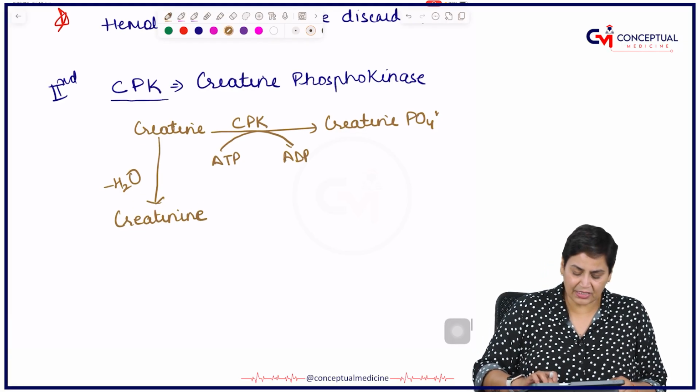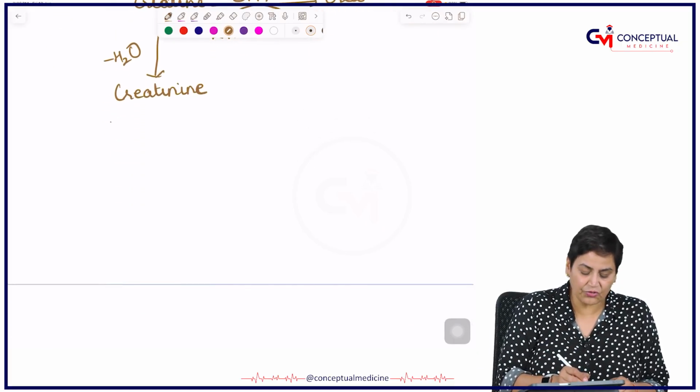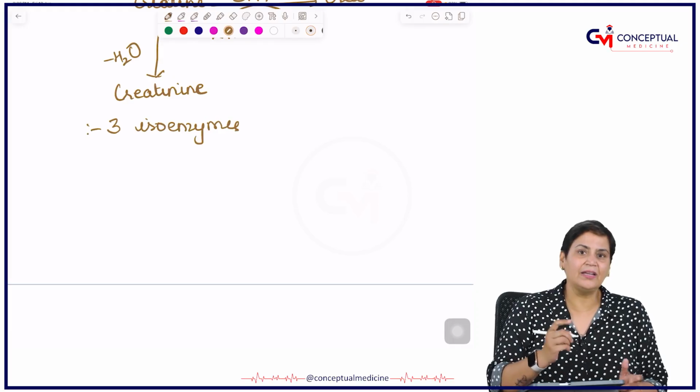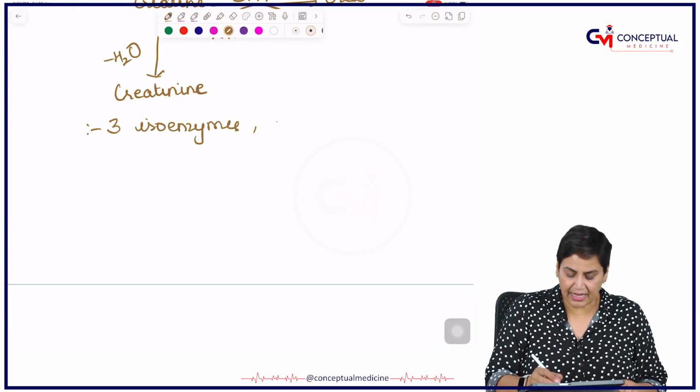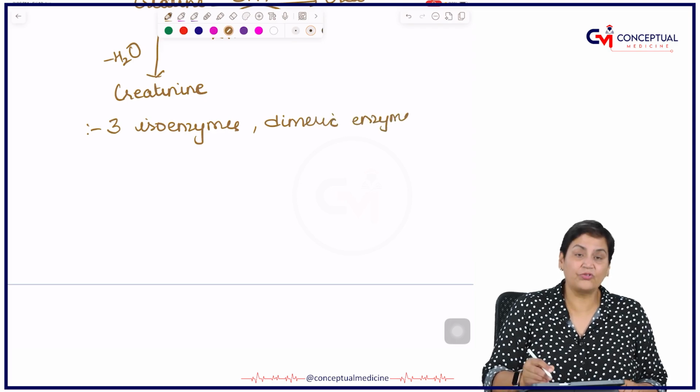Now coming back to this, since we are dealing with the isoenzymes, always remember CPK has 3 isoenzymes and it is a dimeric enzyme. Di means 2 forms, so it is a dimeric enzyme. And how many forms? 3 isoenzymes.